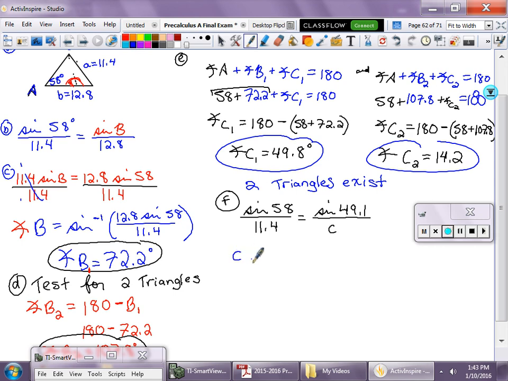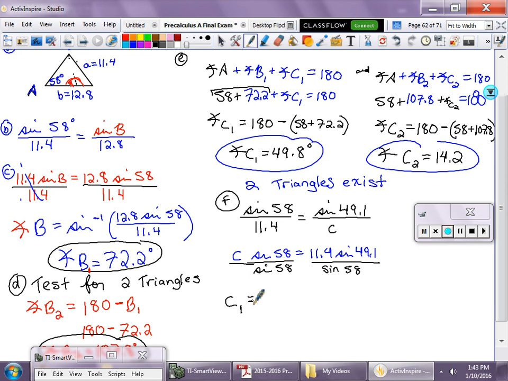C sine 58 equals 11.4 sine 41.9. Divide by sine of 58. This is in your calculator. And now we'll go ahead and put that, this will be C, the first C value.